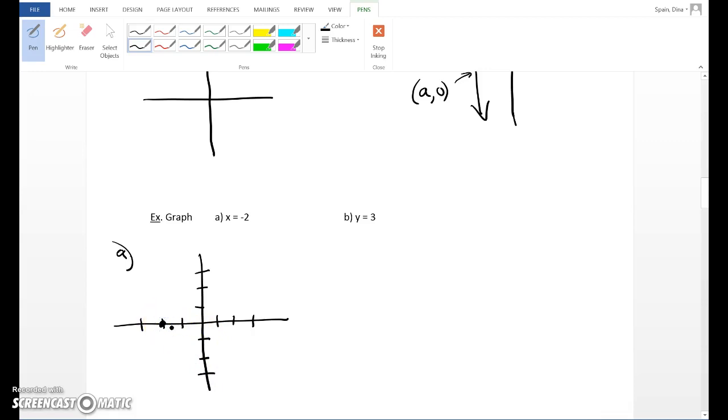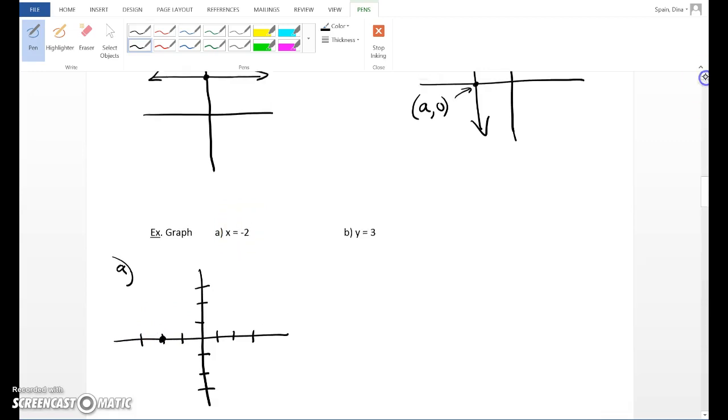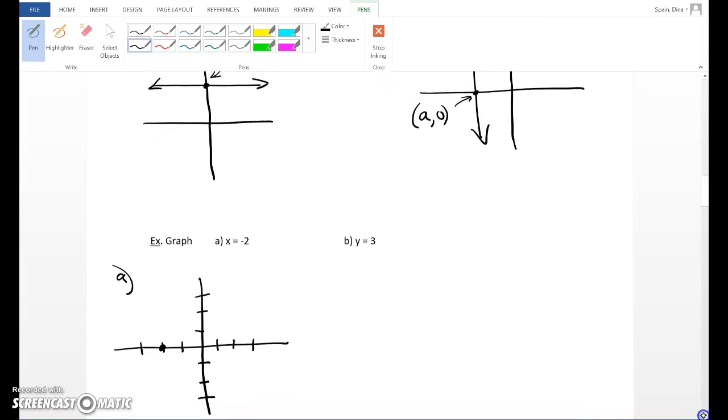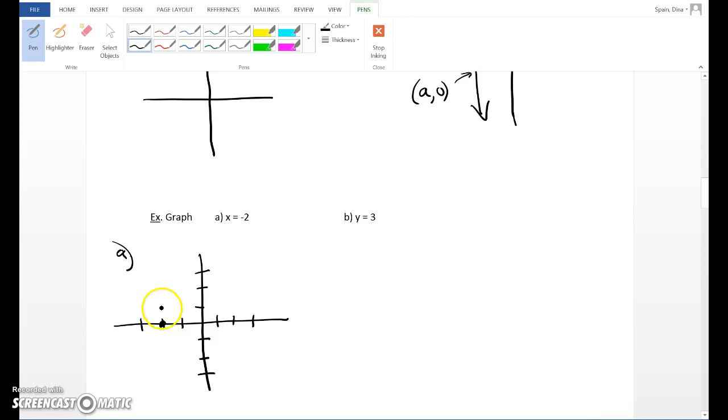And what you need to know is that x equals a number is the equation of a vertical line, which we just talked about. So we found x equals -2 right here on the x-axis, so you just have to draw a straight up and down vertical line. Now put arrows on there so it doesn't look like one of the axes, okay? That's the answer. This is the equation of a vertical line right there at x equals -2.